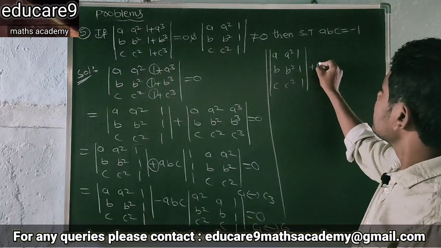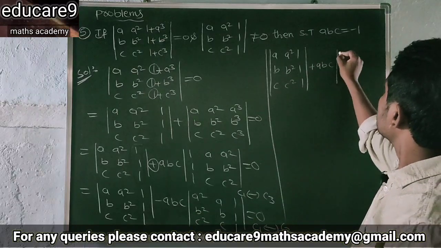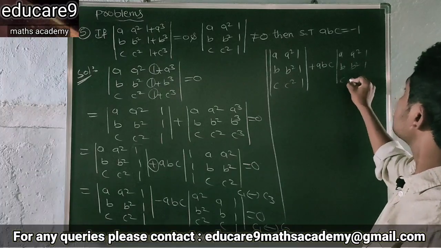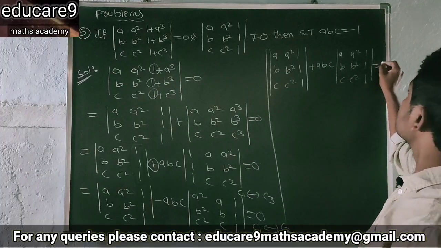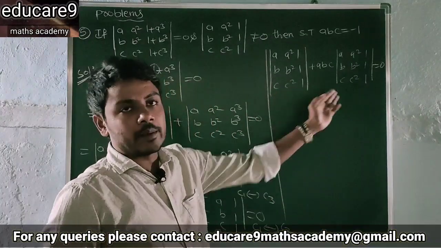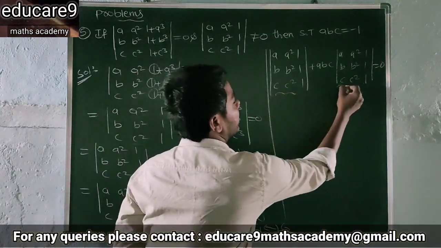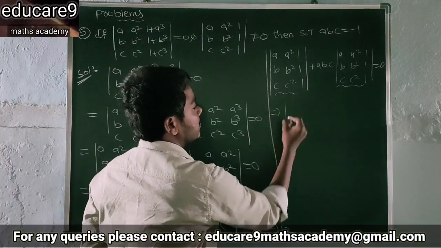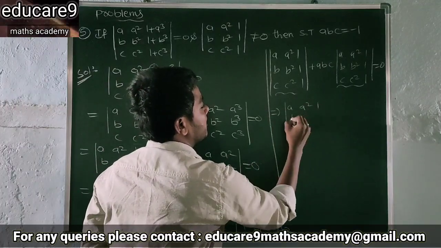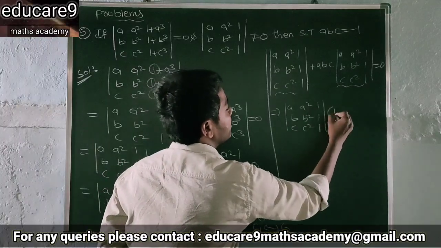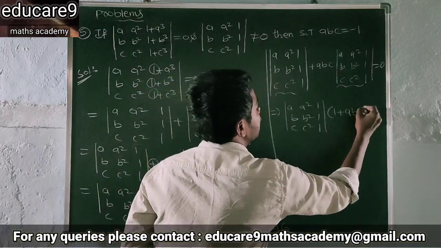That is abc, a square 1, b square 1, c square 1 is 0. So clearly from these two terms, this determinant is common. So that is a square 1, b square 1, c square 1 is common. You get 1 plus abc is 0.